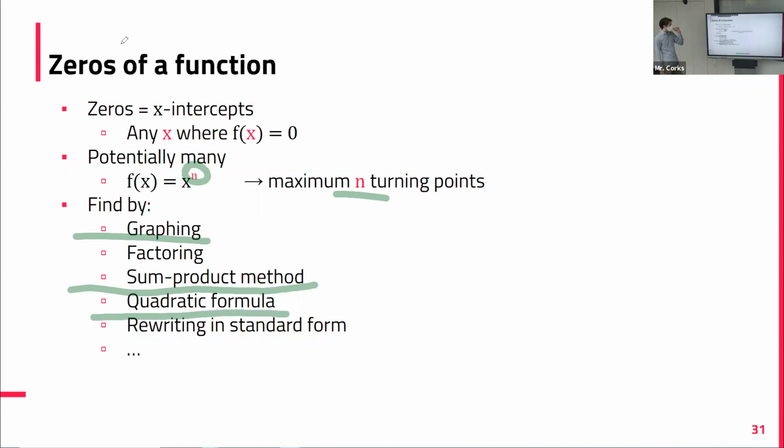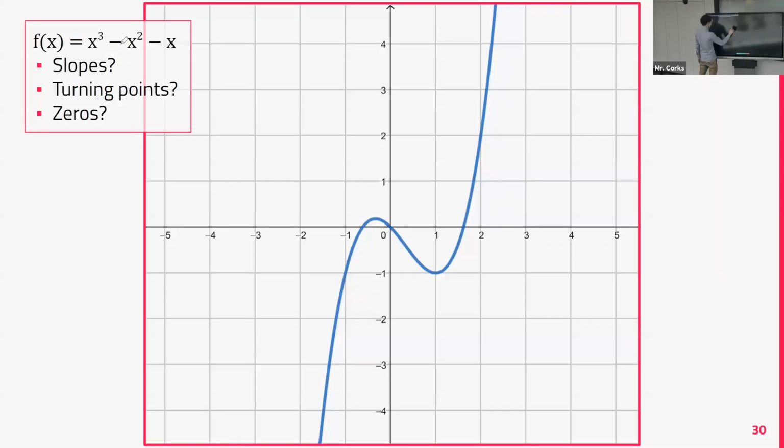Rewriting standard form. So there's lots of ways of figuring this out, but we just want to know where those x-intercepts are. It might seem pretty simple or trivial when we're looking at a function like this, but it turns out if we find a derivative and find the zeros of that, that is what's going to find the maximum and minimum points for us very conveniently.